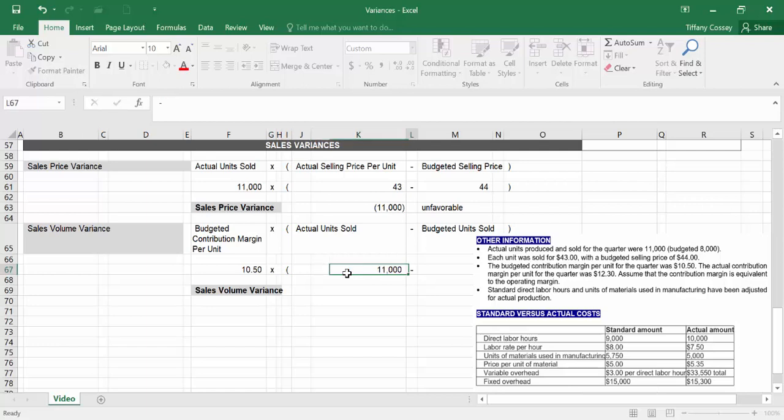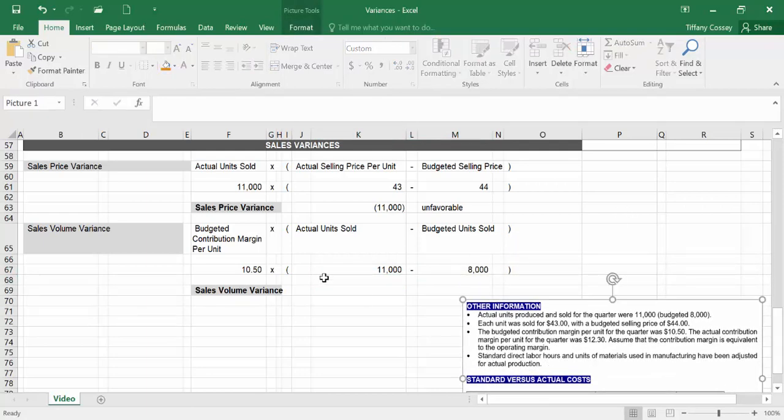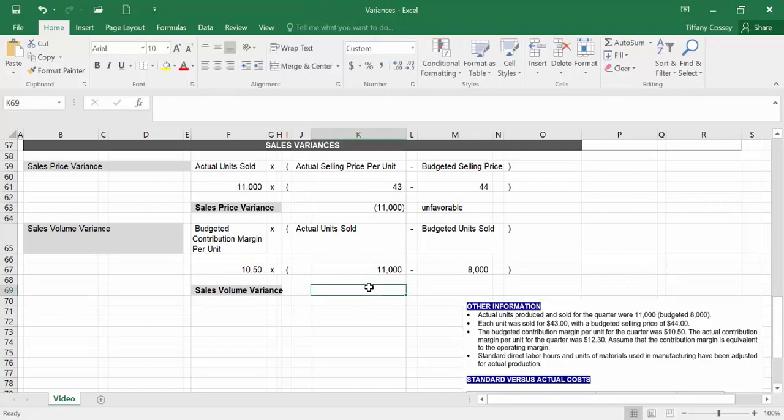And the budgeted units were 8,000. Okay, and so 11,000 minus 8,000 is going to give me 3,000, and then I'm going to multiply that by my 10.50. So when I do that, I should have a total of 31,500, and this is positive, and because it's positive, it's favorable since it's a selling variance.